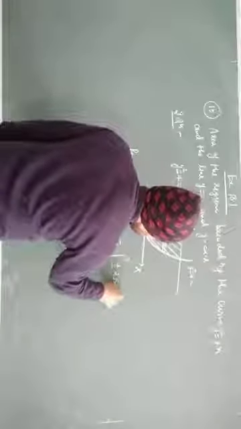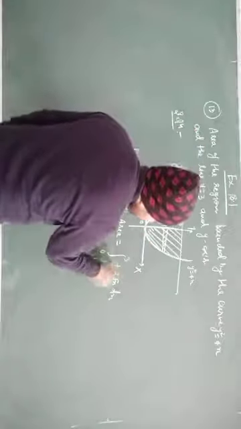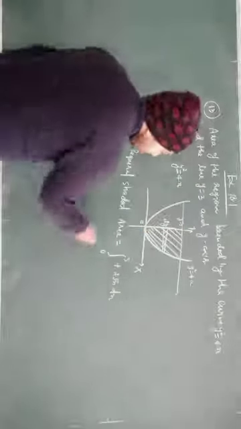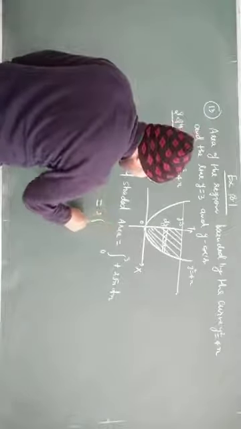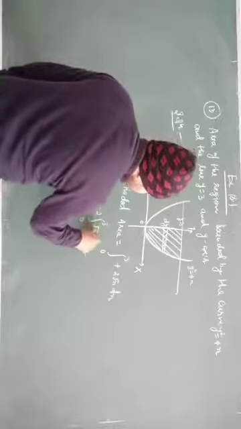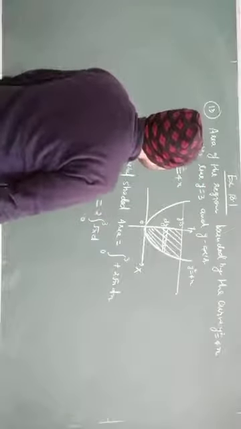Since this case lies in the first quadrant, we will consider only the positive sign here. So by taking only the positive sign, the required area is the integration over 0 to 3 of x dy.